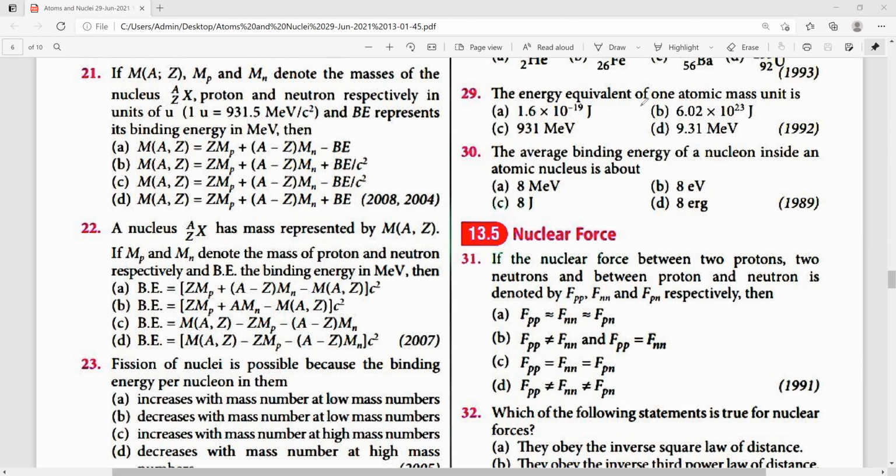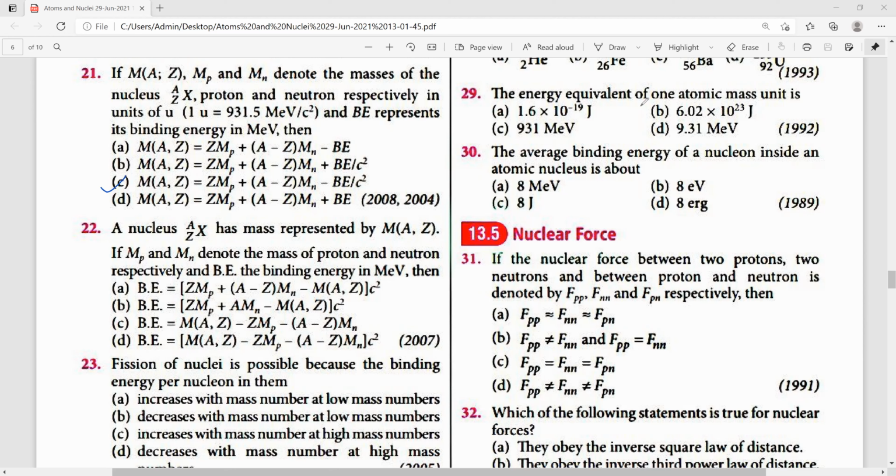Third, M(A, Z) is equal to ZMP plus (A minus Z) into Mn minus binding energy divided by C square. Fourth, M(A, Z) is equal to ZMP plus (A minus Z) into Mn plus binding energy. Among 4 options, the right answer is C one.